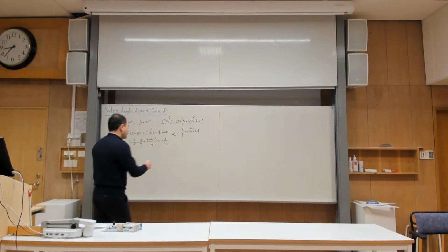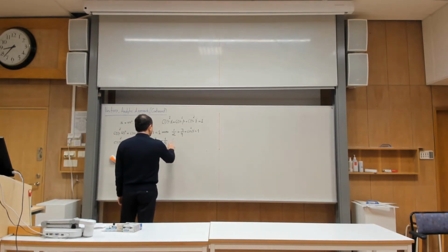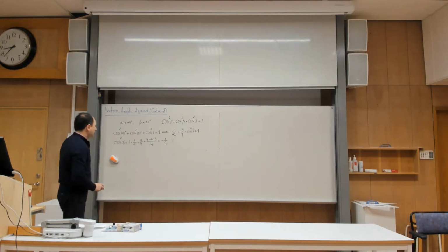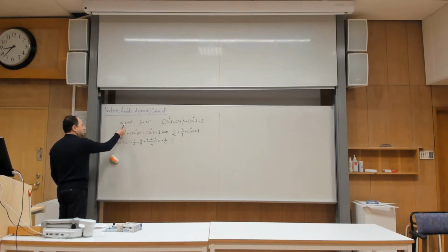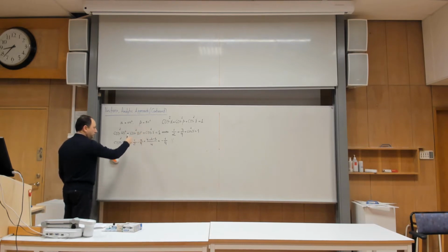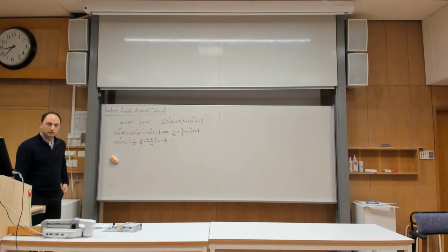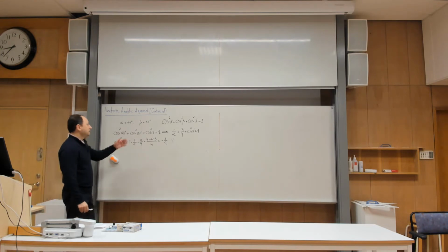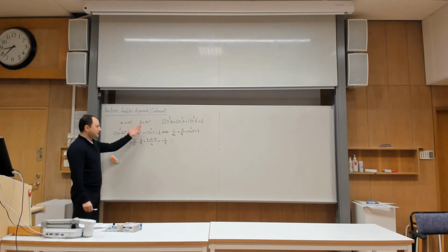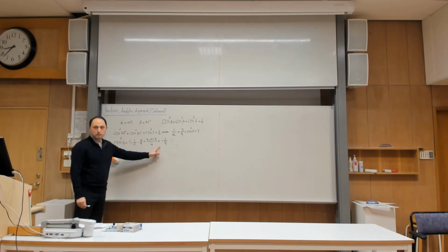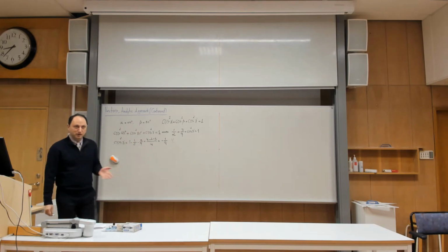So the answer to this question is no. Is there any vector that makes an angle 45 degrees with the x direction and 30 degrees with the y direction? The answer is no. Because if there is such a vector, the angle it makes with the z-axis should satisfy this equation, but this equation is not satisfiable.